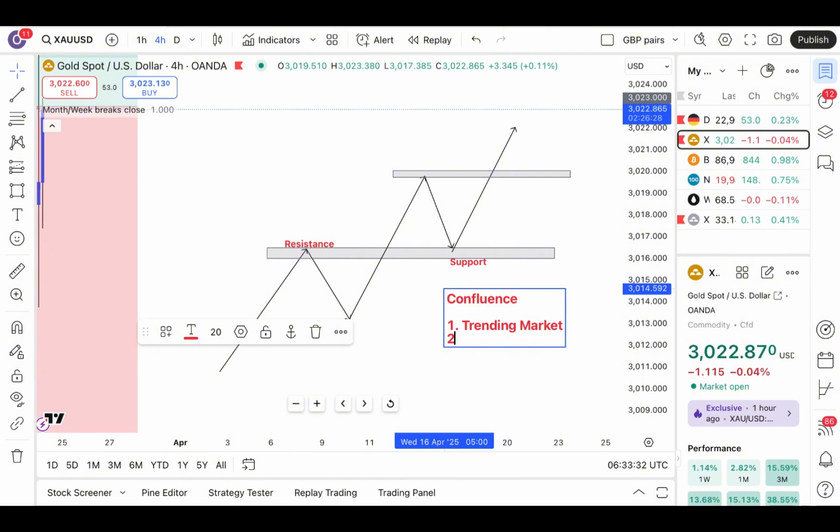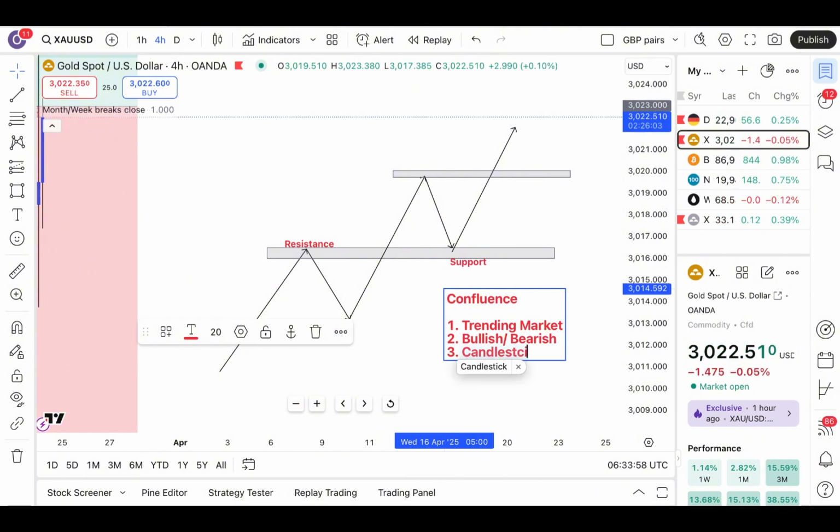So I'm writing out the confluences you need to see before you decide that this is a break and retest opportunity and you should be looking for break and retest setups. First off, it has to be a trending market. It could be bullish or bearish, but it just has to be trending, giving you that higher highs, higher lows formation, or lower highs, lower lows formation.